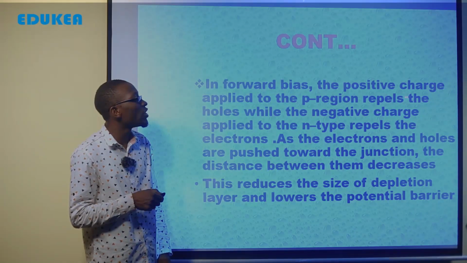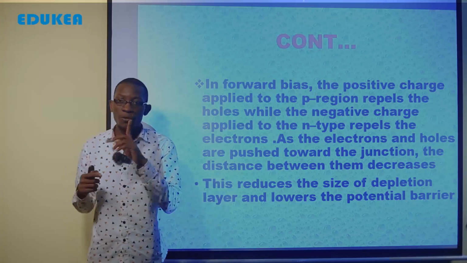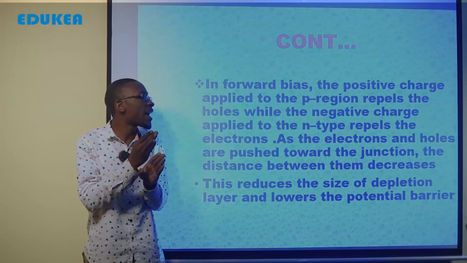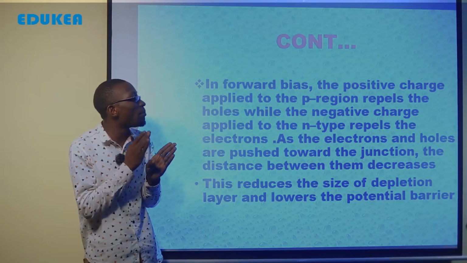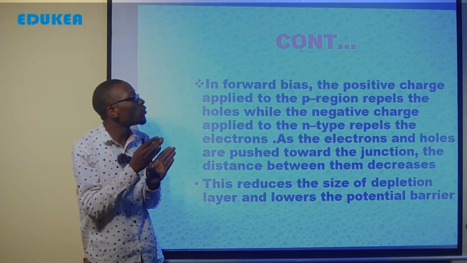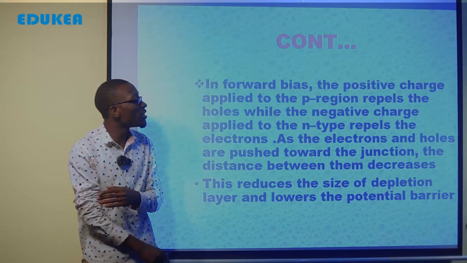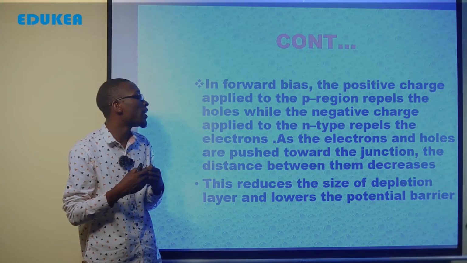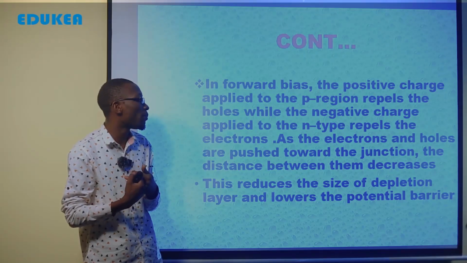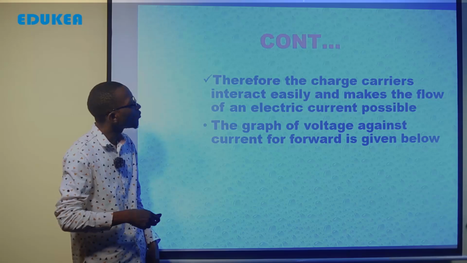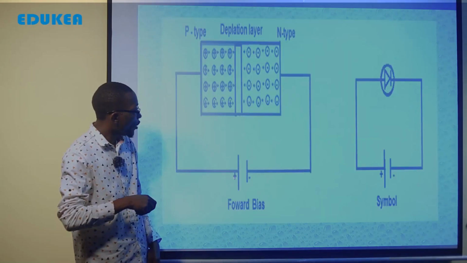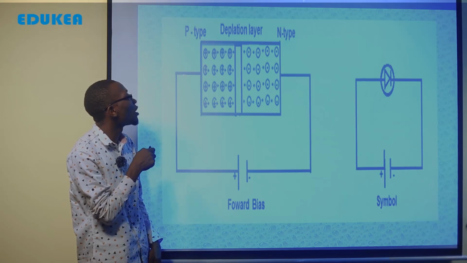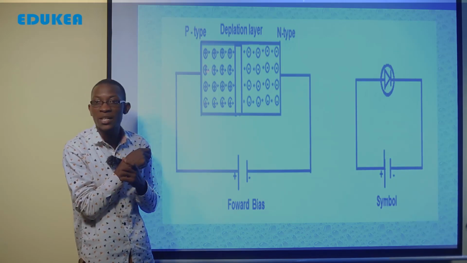Kwamba kwenye forward bias, ile positive charge ambayo tumeconnectia kwenye P side, inapokuwa imeapplywa kwenye positive region inarepel the holes, while the negative applied to the n-type repels electrons. Hii positive charge inapokuwa imekuja hapa inakutana na hizi positive charge zake, tunasema kutokana na electrostatic law, positive charges tend to repel kuelekea huko.